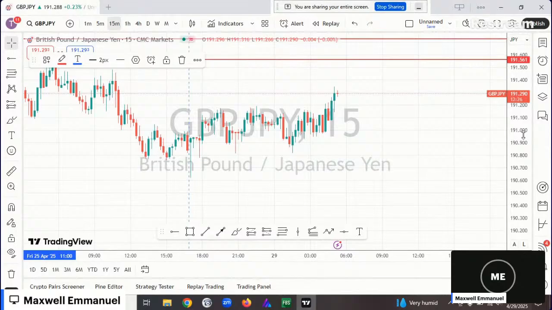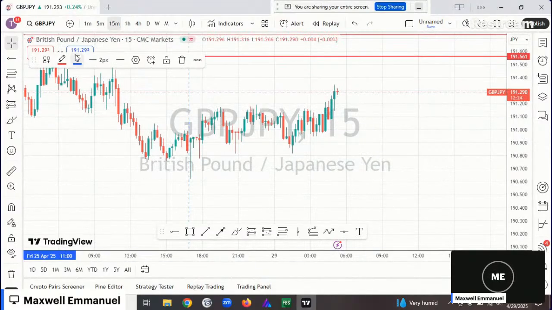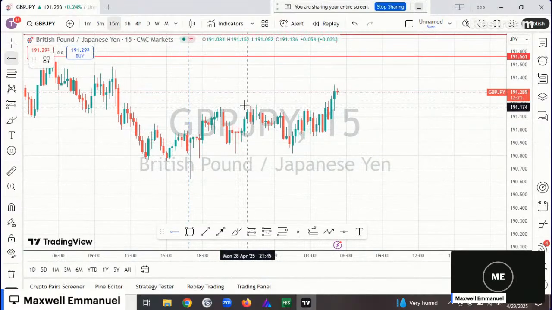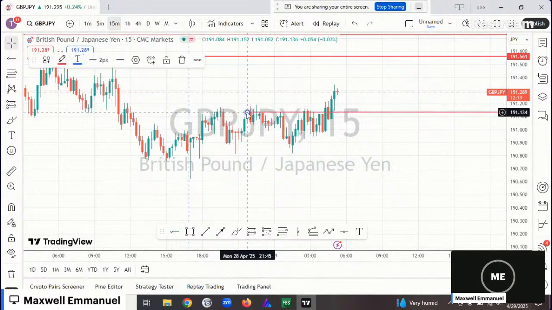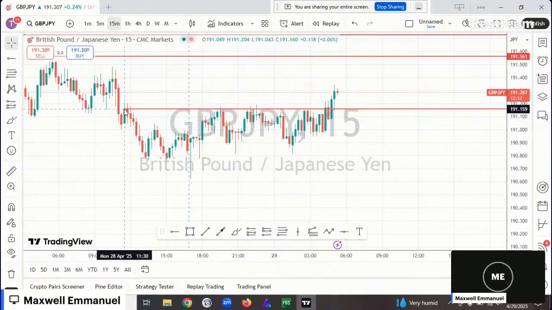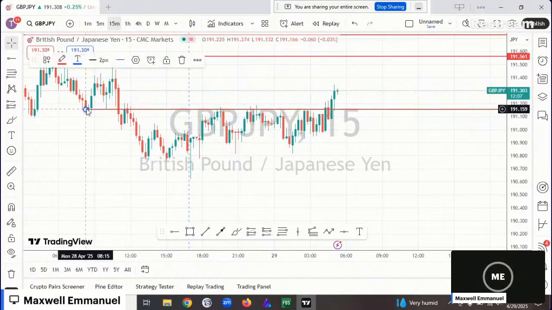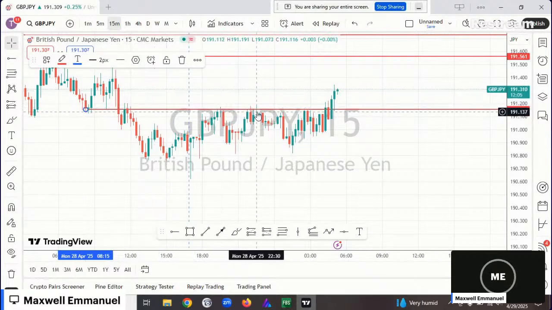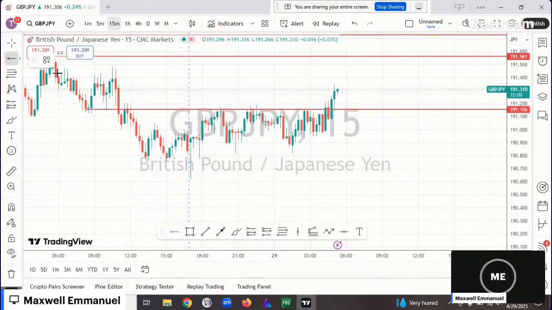And your stop loss, if you are buying GJ, should be below this key support area. You can see price is trading above it.